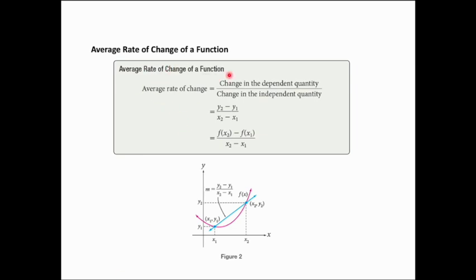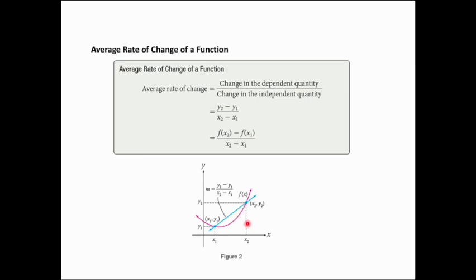So the average rate of change of a function is when you take the change in the dependent quantity, which is your y, over the change in the independent quantity, which is your x. So we take y2 minus y1, and then x2 minus x1. When we look at it in terms of function notation, we have f of x2 minus f of x1 divided by x2 minus x1. So here's our picture of our generic points, (x1, y1) and (x2, y2).